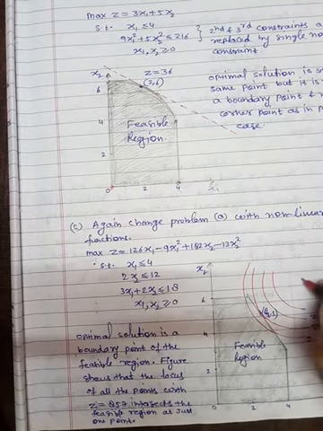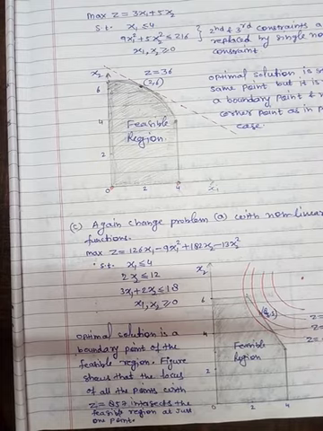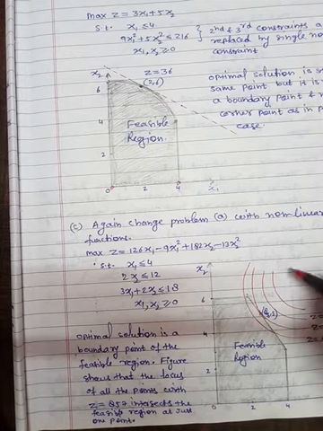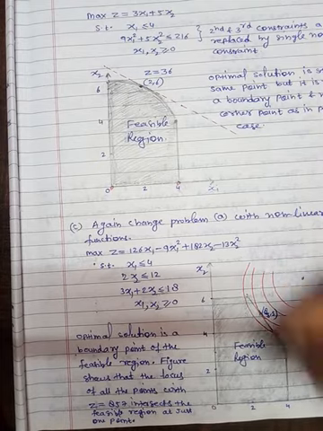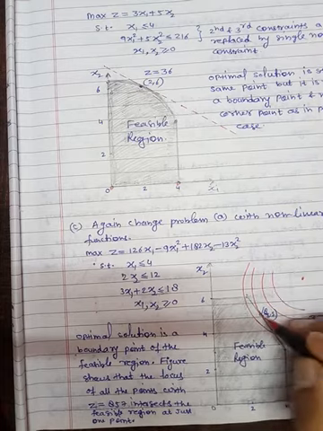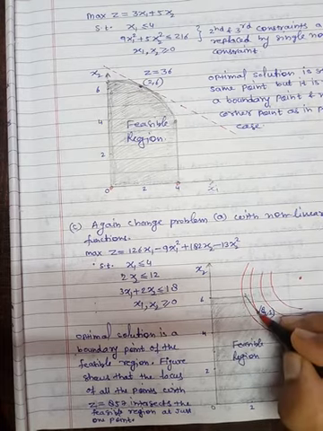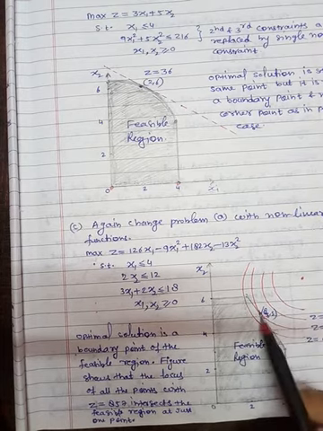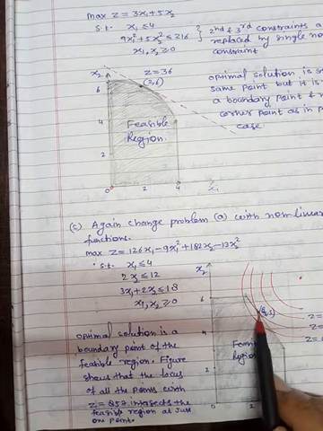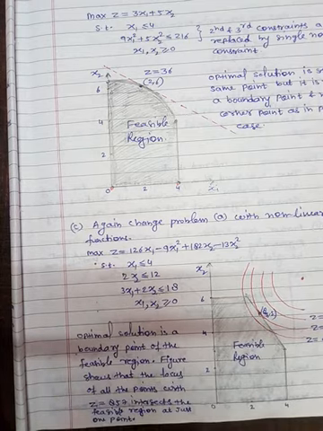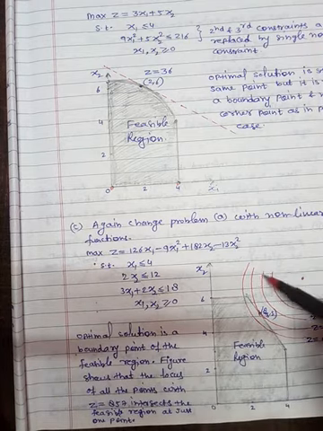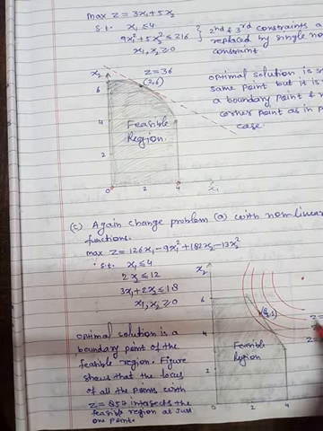And somewhere here is the center of this. So this is the curve. And when you take the parallel, this curve intersects the feasible region at this point. So this is the optimum solution, because the problem is of maximization. And here you will see that at this curve z is equal to 907.